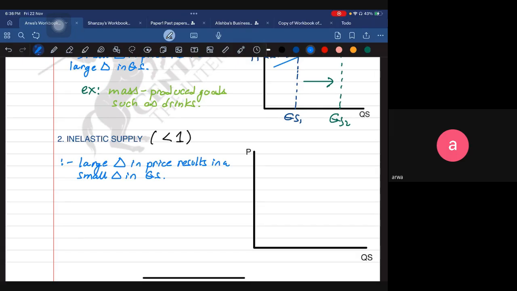It's going to be a bit on the vertical side, upward sloping and a bit on the vertical side, right? But will it be upward sloping or downward sloping? Upward sloping. Yes, it is going to be upward sloping.